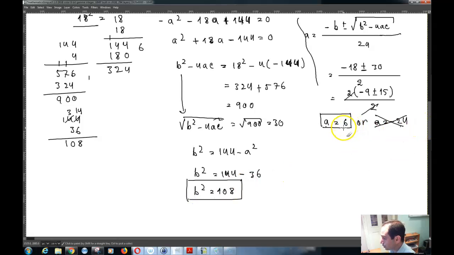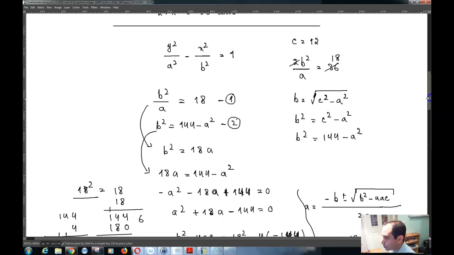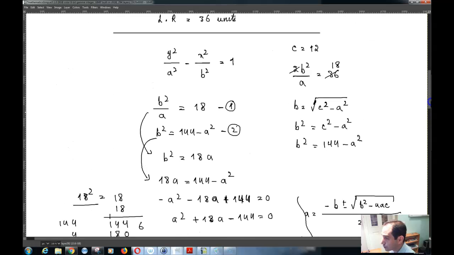So now you have your a, you have your b. You put it over here in this equation. Your a is 6, b squared is 108.